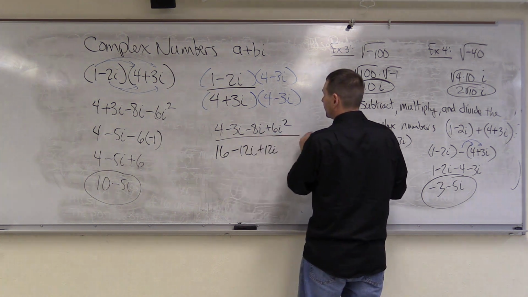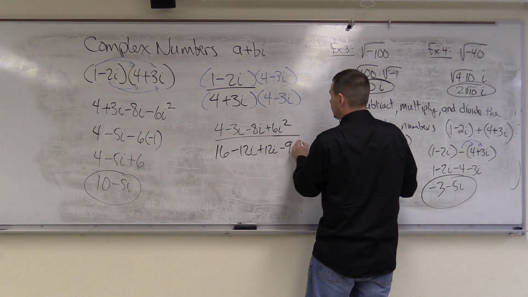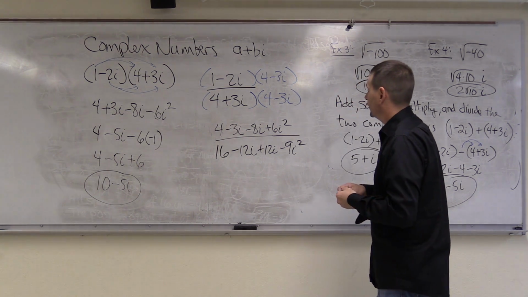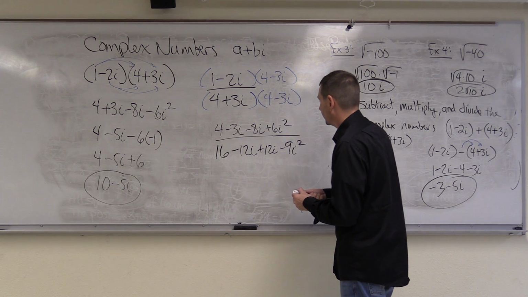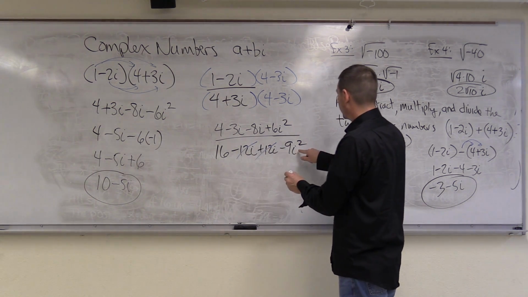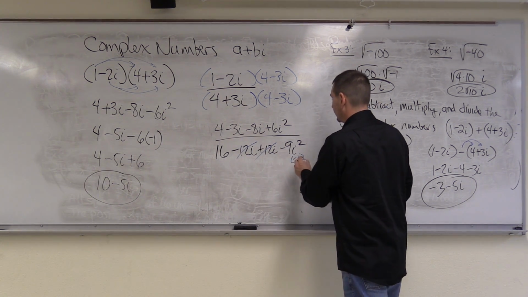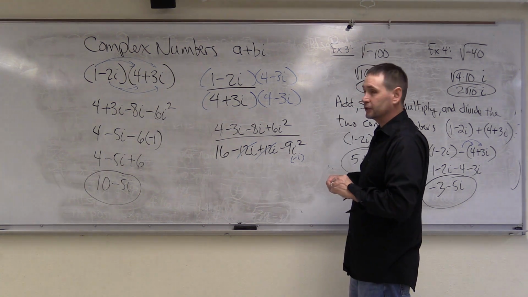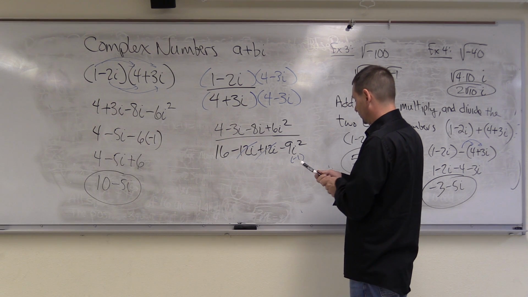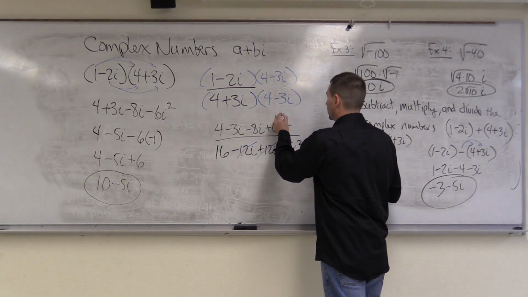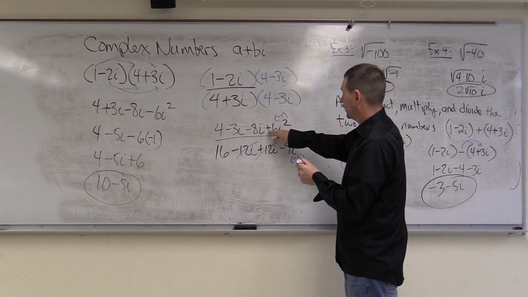See, the middle terms are going to wipe out, and then minus 9i squared. The cool thing is at the bottom, these middle terms are gone, and i squared becomes -1. All it does is change that sign, so you just get a number down there. And then up on top, same deal. I'm going to replace this with a -1, and that's just going to make that a minus.